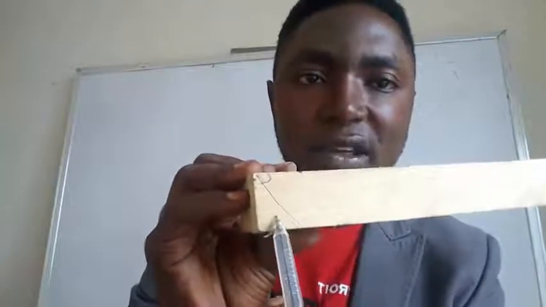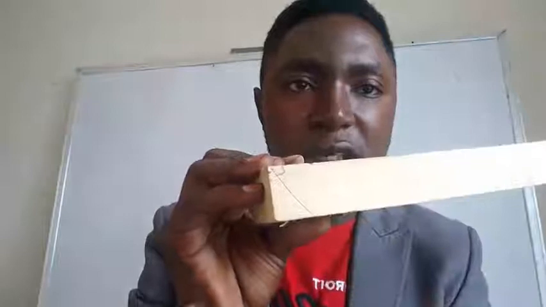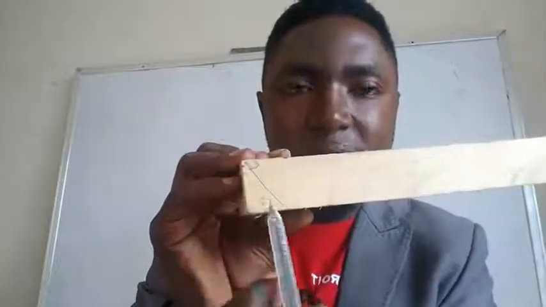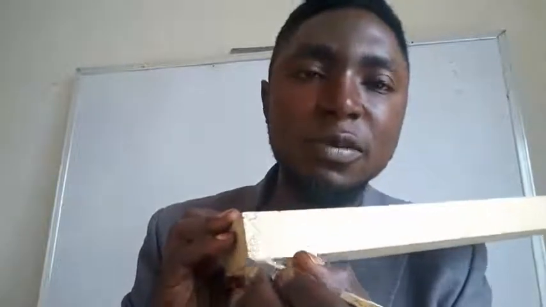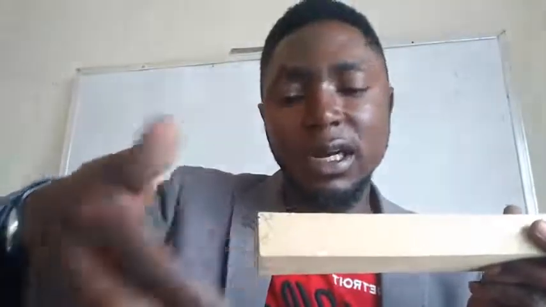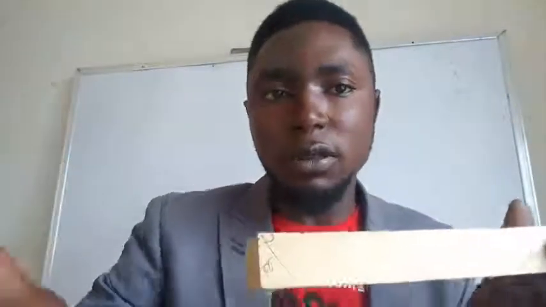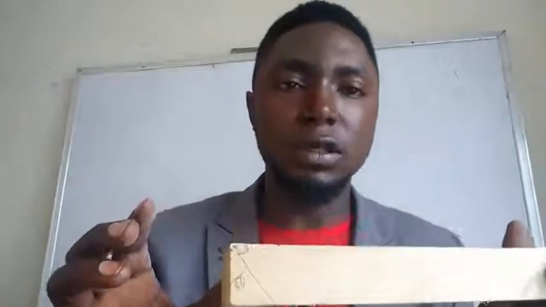You cut it at this in a slanting form, and then another workpiece, you will still place it on point B and cut it at the same angle, and then you will remove this place. After removing this place, you have what we call a mitre joint. This piece will slide in this way, and then the other one will have that form. If you join them together, they will give you what we call mitre joint.